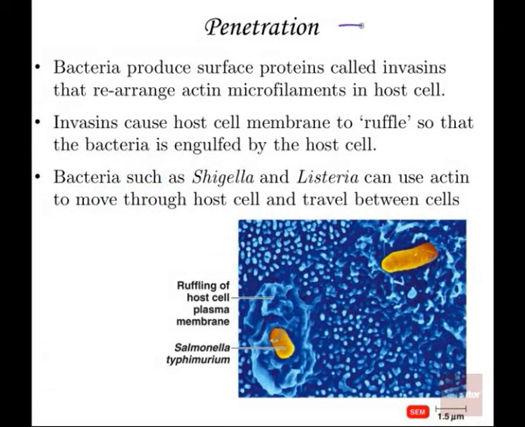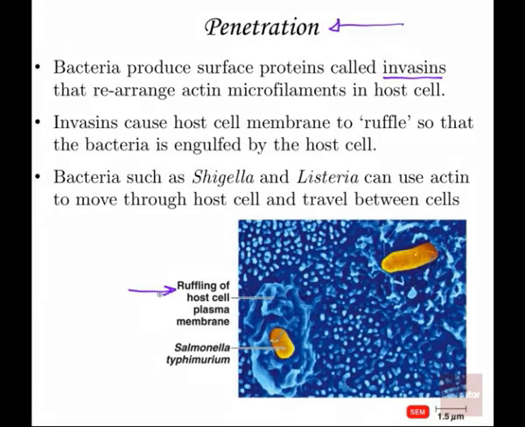So penetration now, the bacteria has mechanisms to allow penetration of the bacteria into the host cell. That is facilitated by the production and secretion of these invasins, which rearrange the actin microfilaments in the cell. In this case, here we see the Salmonella causing this ruffling, so to speak, of the host cell membrane.